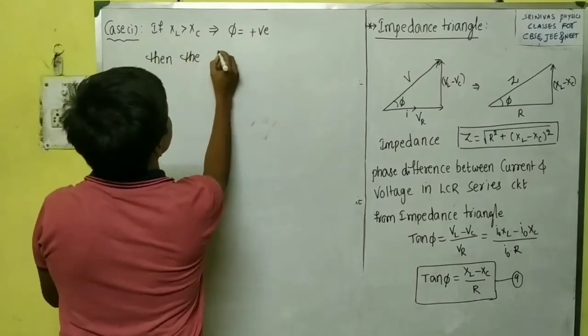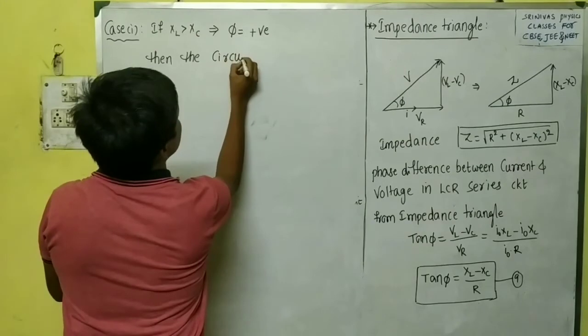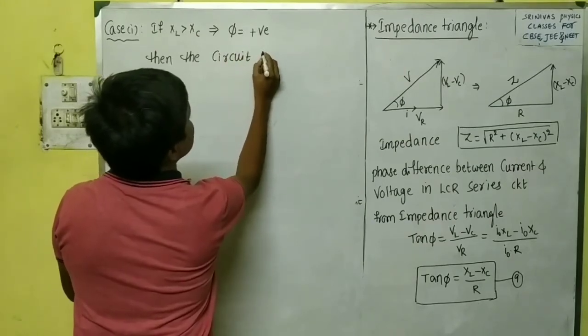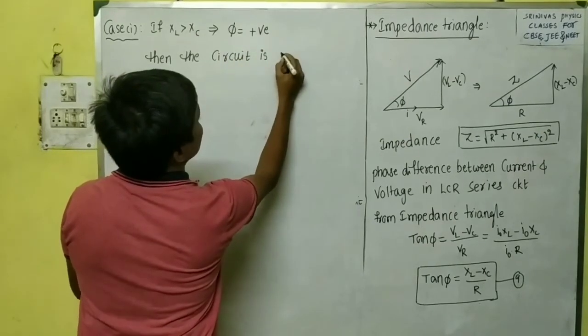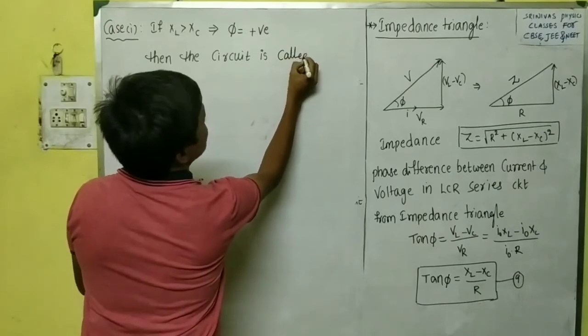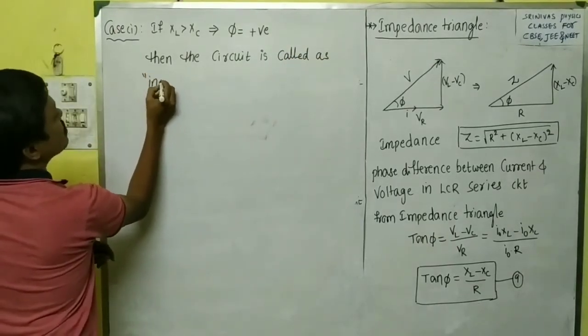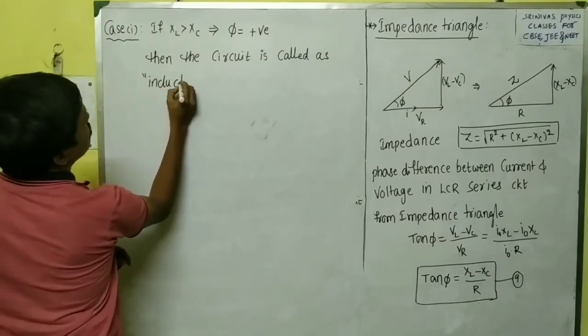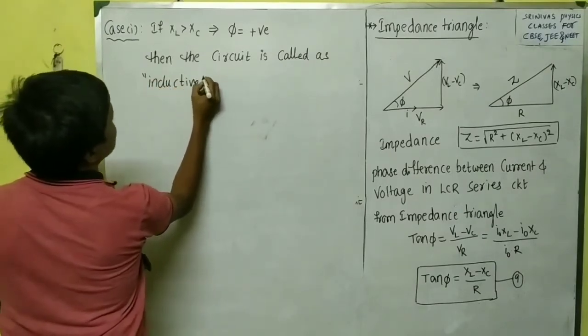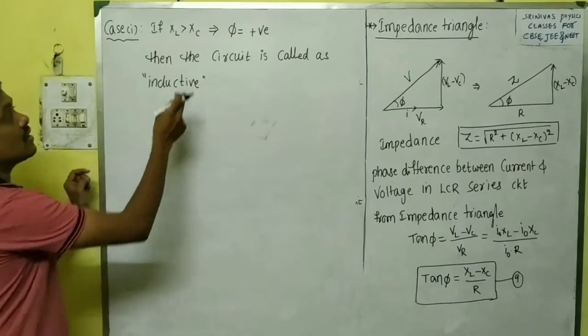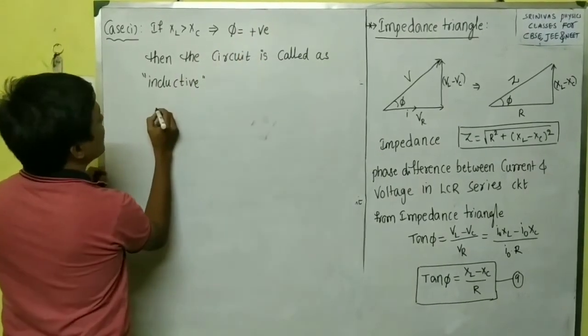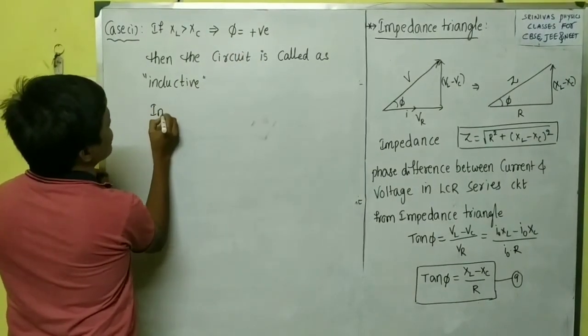The circuit is called an inductive circuit, because the effect of the inductor is more. In this case, when phi is positive, we write the instantaneous current like this.